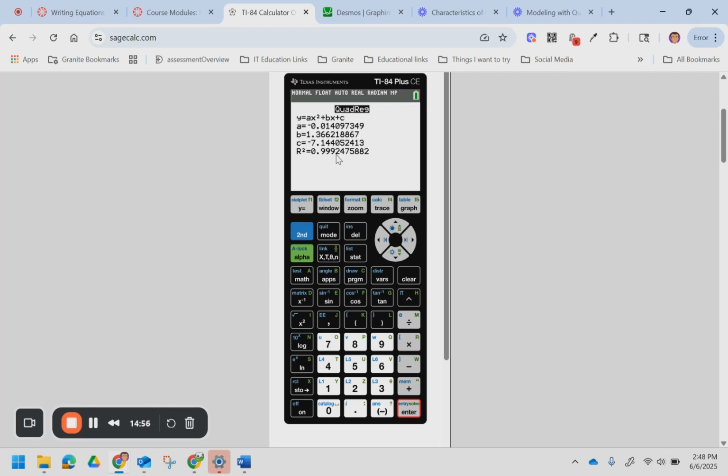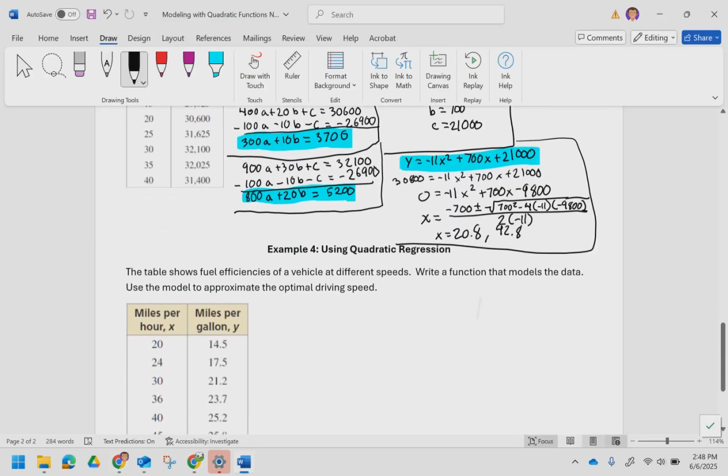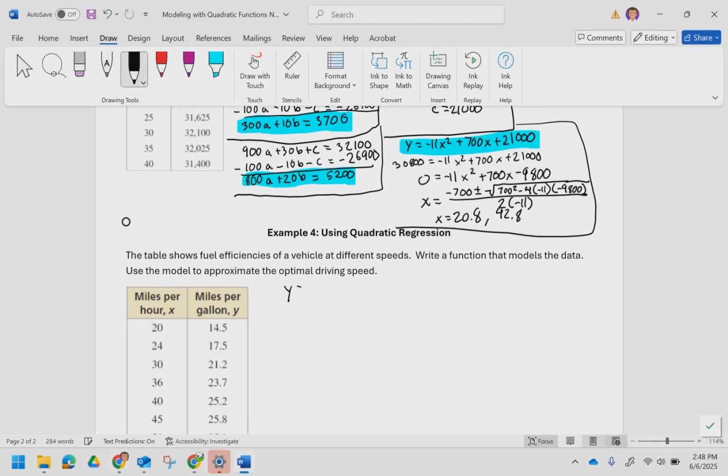Now I'm going to use this information to go ahead and write down what my equation should be. So the equation y equals, let's see, the a was about negative 0.014x squared plus 1.37x minus 7.1.